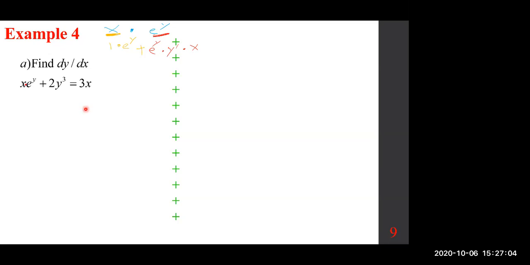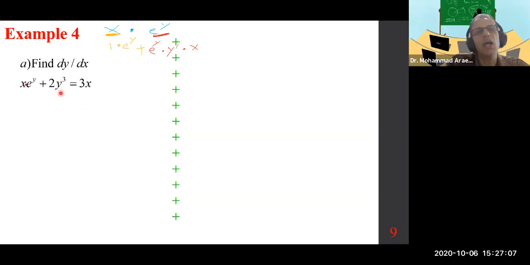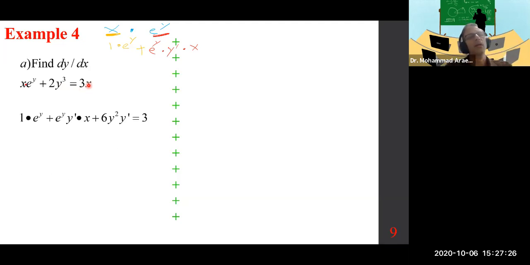It's important for everybody to understand. y is not the same as x. y is a function of x. The derivative of x is 1, everybody. But the derivative of y is y prime. So 6y squared y prime, and equals 3. Okay, so this part gives us this 2y cubed, 6y squared y prime.